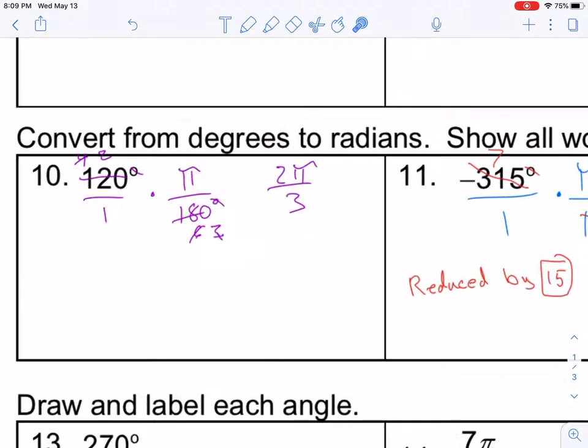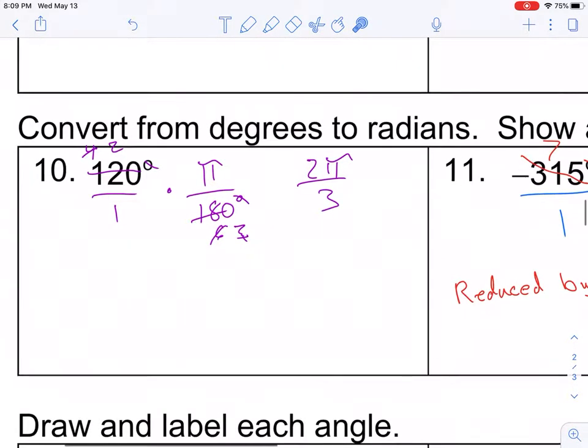Okay, so as I continue to zoom in, we are multiplying this by pi over 180 degrees. So when we're converting degrees to radians, we multiply by pi over 180. I did some cross-canceling here. I used something, and then I used something smaller.